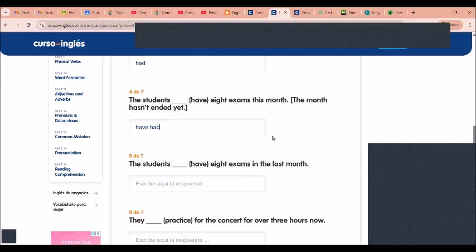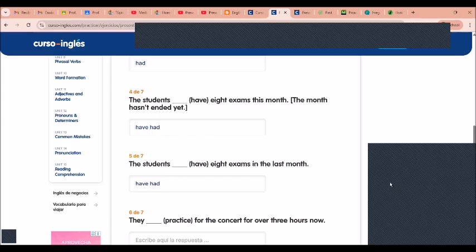In the last month is talking about a period of time, just like with number 4. So this one will also have had. The students have had 8 exams in the last month, in the last 30 days. Okay?